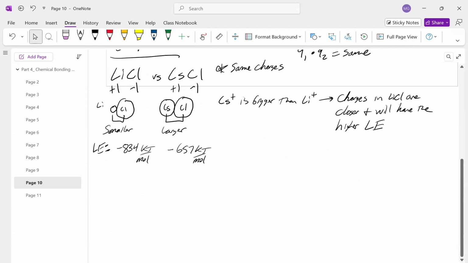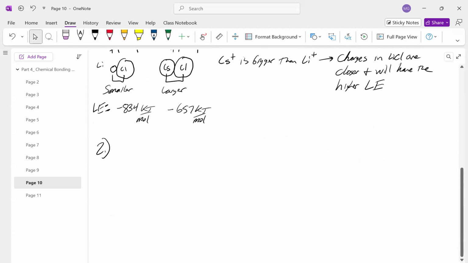Now let's look at a second example. Let's compare sodium fluoride to calcium oxide. So again, the first place you want to start is charge. And I'll explain why in a little bit. Sodium is in the first column, it's +1.